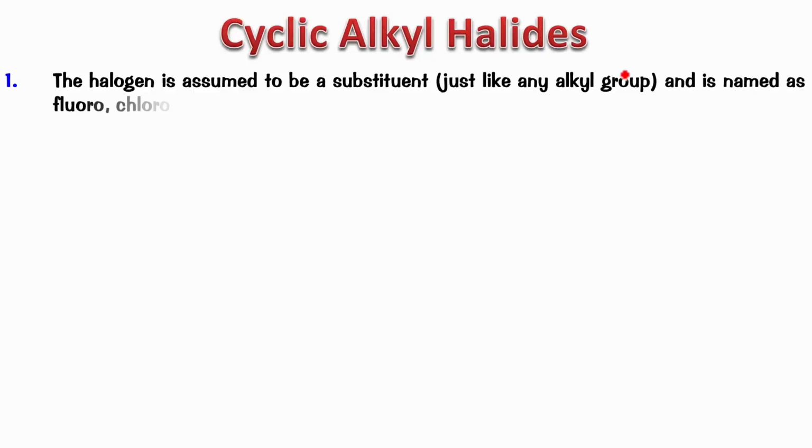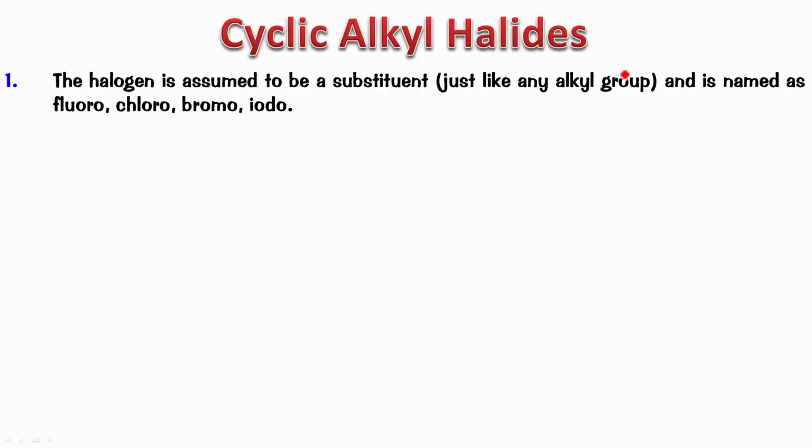The first thing that we need to understand is the halogen is assumed to be a substituent, which we've already seen in the naming of alkyl halides. If you haven't seen the video, please go and check out the video on alkyl halides. There we had already discussed that we have to treat the halogen as just any other alkyl group, and it's named as fluoro, chloro, bromo, iodo.